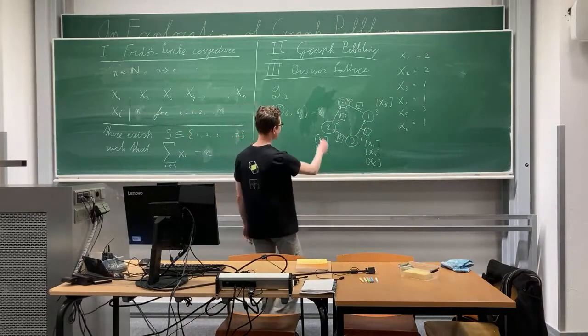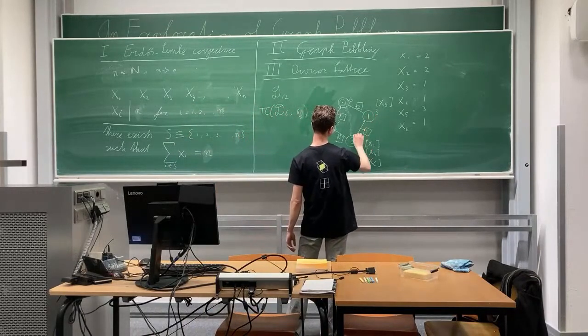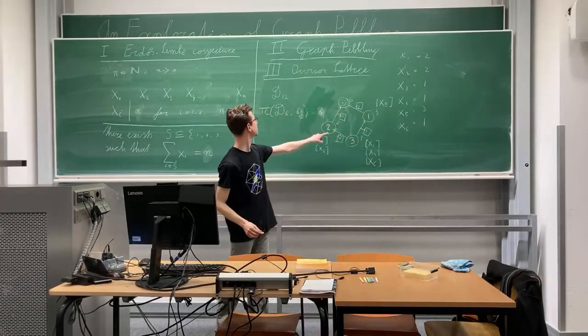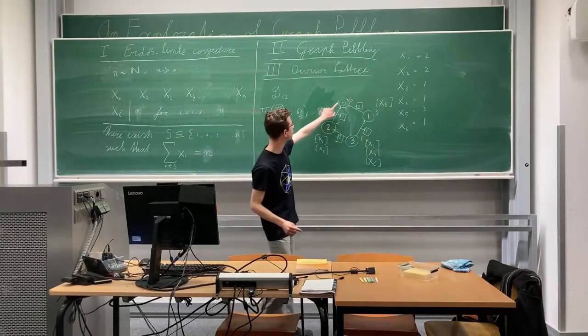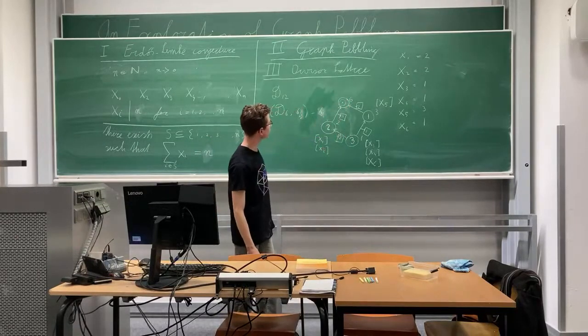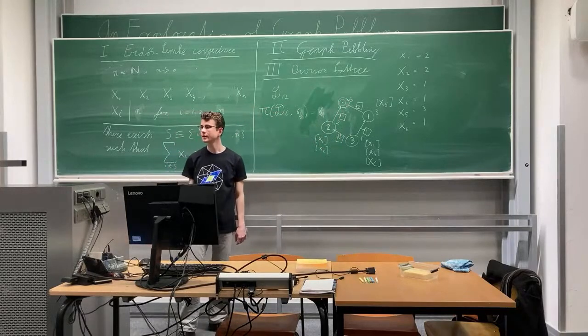So let's for a moment forget about these lists and just look at this configuration. This configuration contains 6 pebbles. And because the pebbling number of this divisor lattice is 6, we should be able to solve it for this vertex. So, Wessel, do you see a solution?